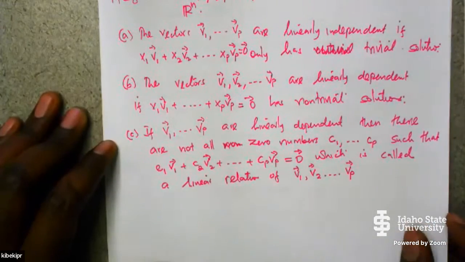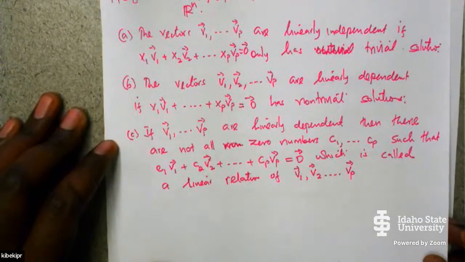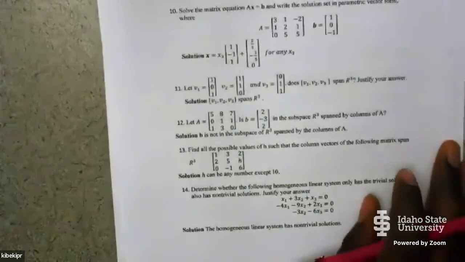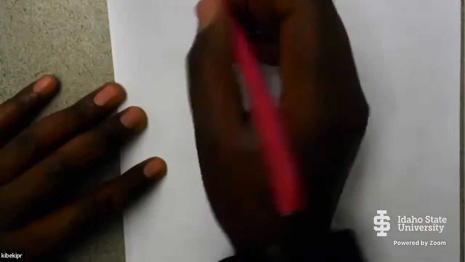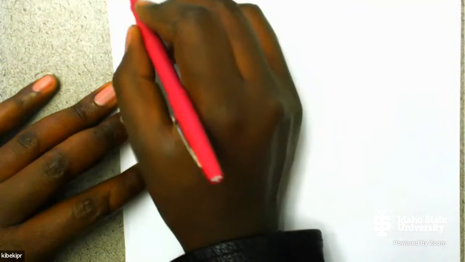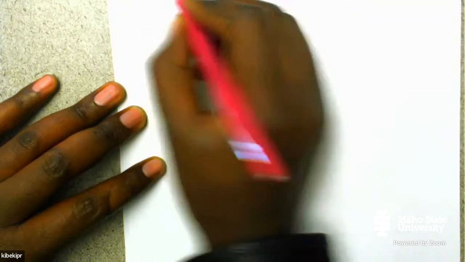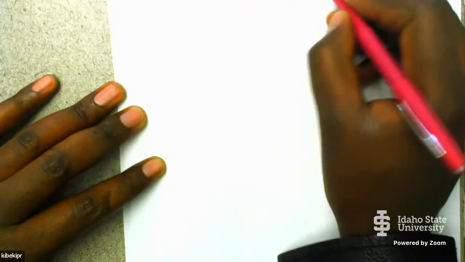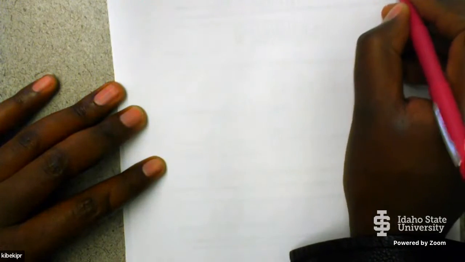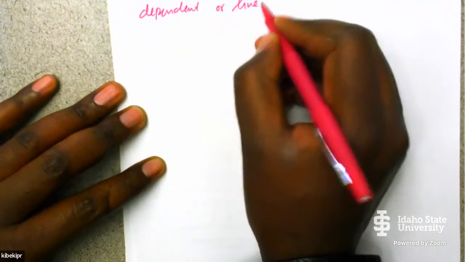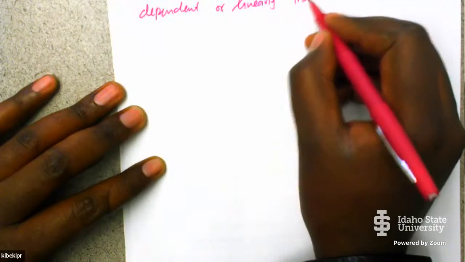Okay, now let's look at example number 1. Determine whether the vectors are linearly dependent or linearly independent.